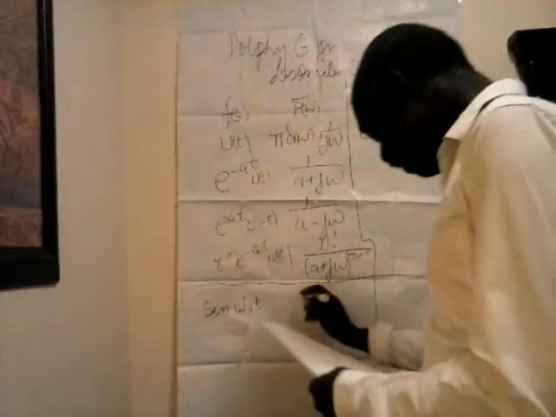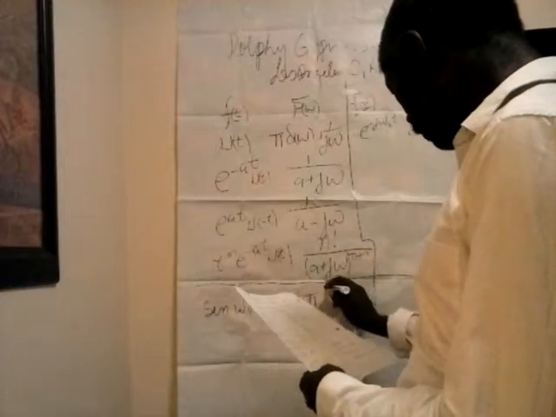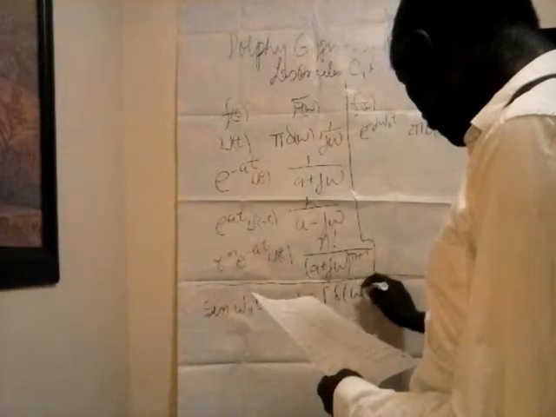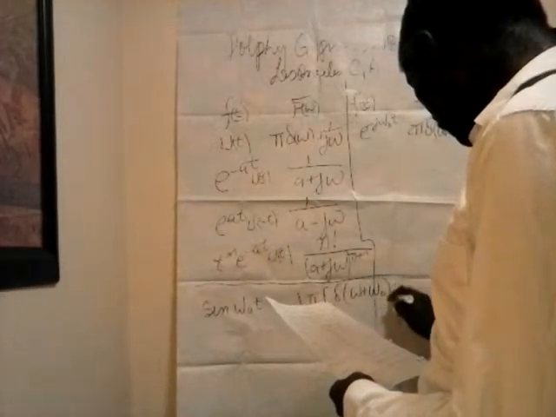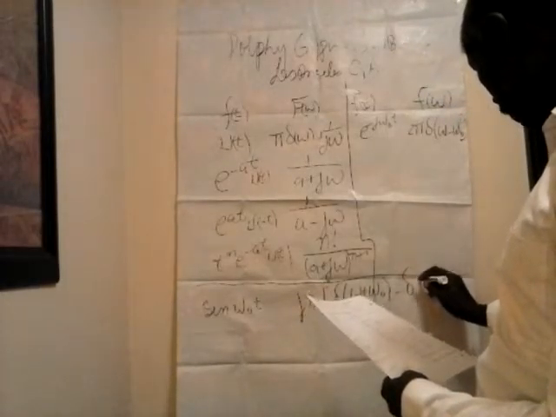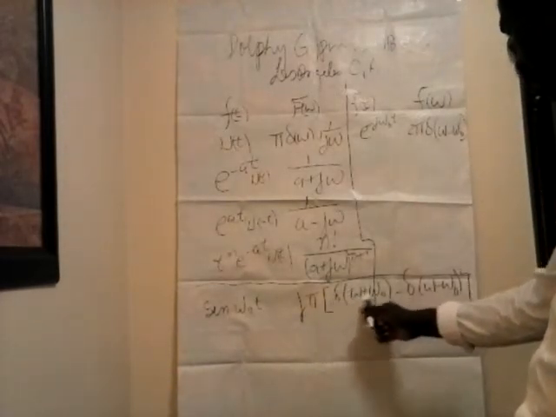We know that F of omega will be equal now to j pi into the bracket delta omega plus omega 0 minus delta omega minus omega 0. There, f of t is equal to sine omega 0 t, and the Fourier transform F of omega is j pi into delta omega plus omega 0 minus delta omega minus omega 0.